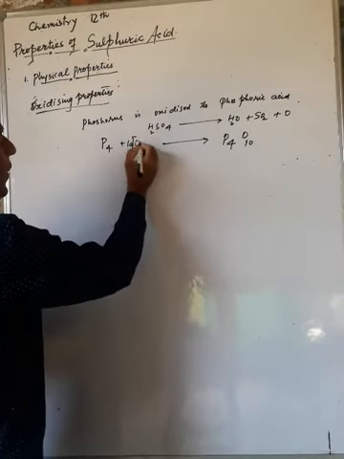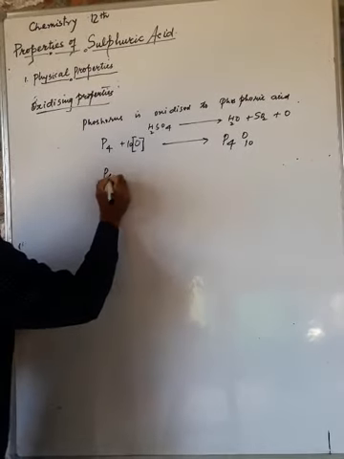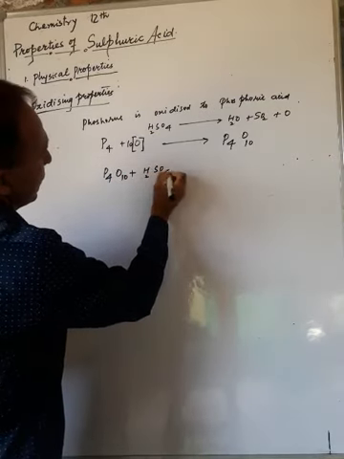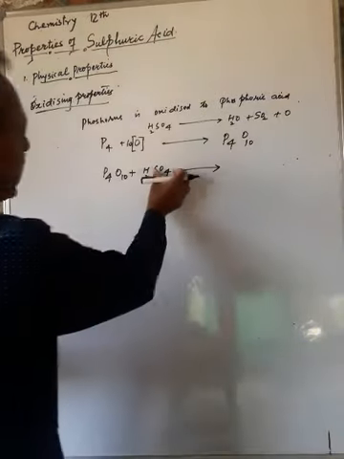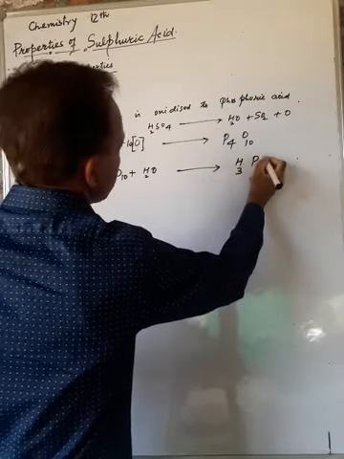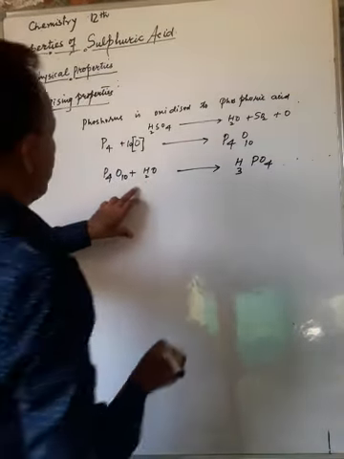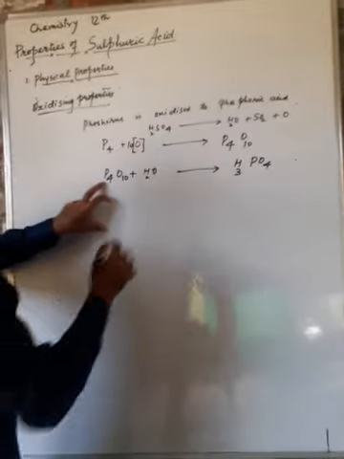Now we have P4O10 reacting with water, and it forms H3PO4, 4 times.